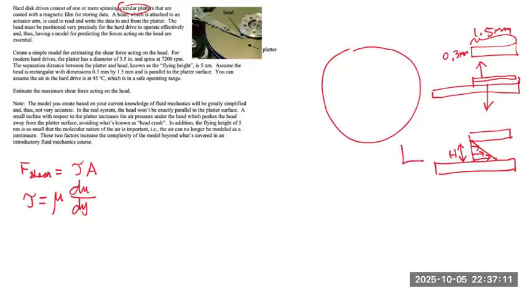So we define our coordinate axes as this x over here and y over here. And then it's at y equals 0, which is this portion, where the maximum shear stress is going to exist. We know mu is the dynamic viscosity, but we don't know what du over dy is. So let's see what that really means.